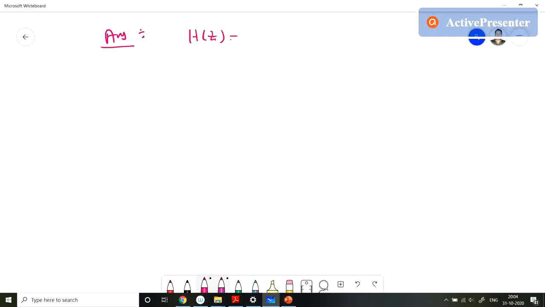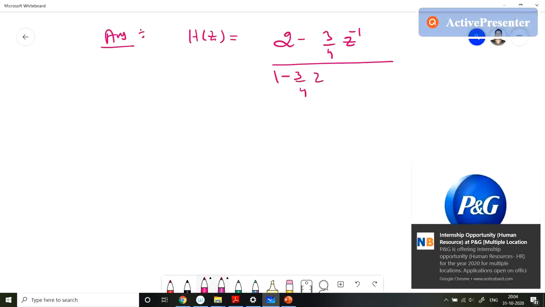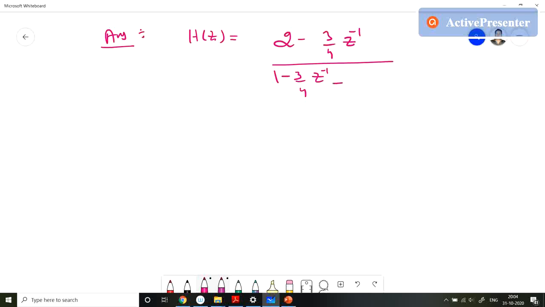H(z) is given as H(z) = (2 - (3/4)z^-1) / (1 - (3/4)z^-1 + (1/8)z^-2). Now we can write this in factored form, in terms of factors.